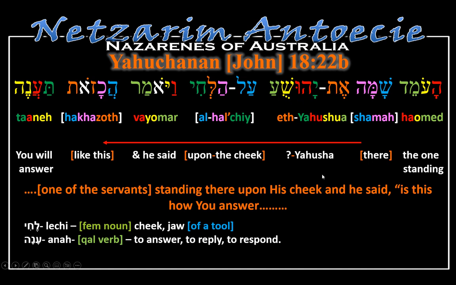Now it means the servant, the one standing there. And then Yahushua, that is the one being struck. And then it is al, meaning upon, ha-lechi, the cheek. If we look down here, lechi is a feminine noun meaning cheek, or jaw as of a tool.